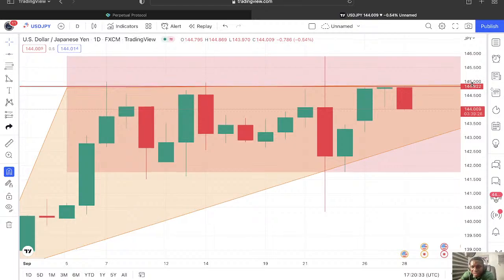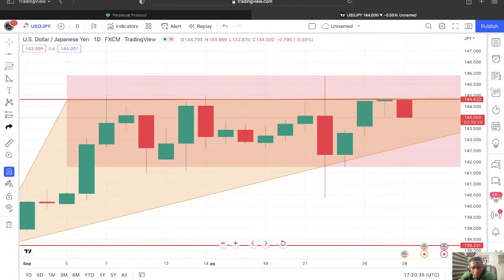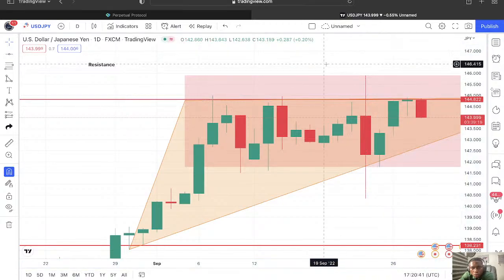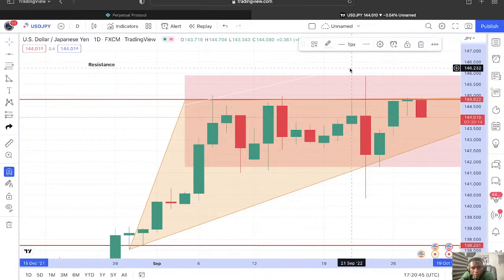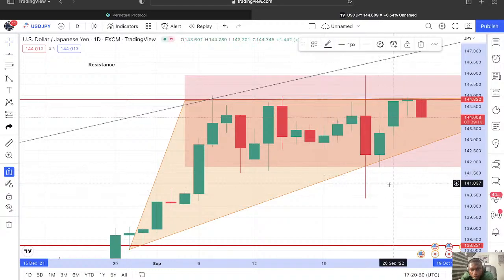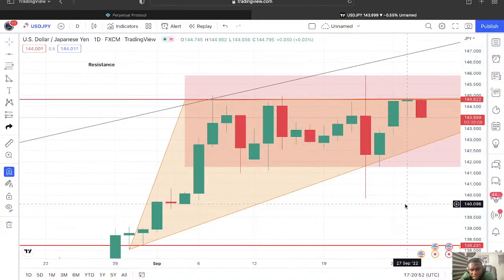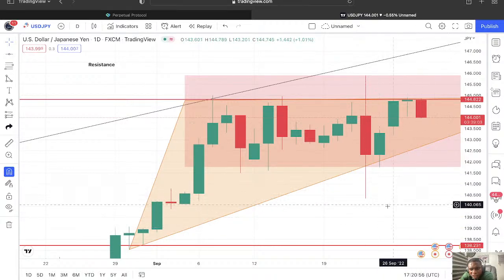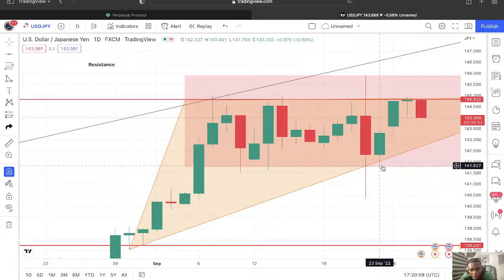And the interesting thing that you need to know is that when price consistently touches a particular zone, what happens?